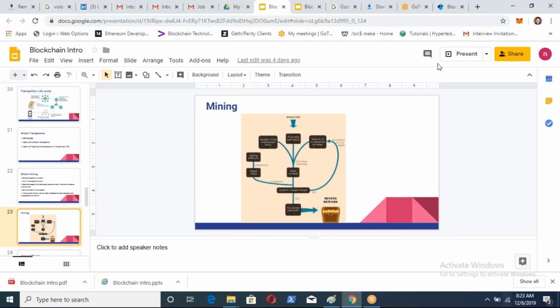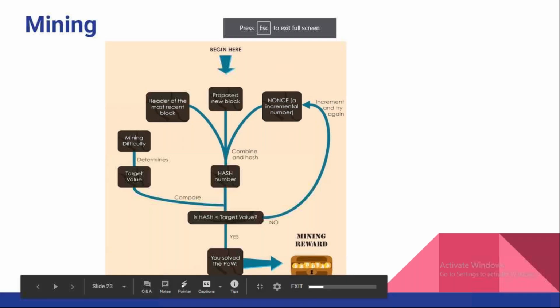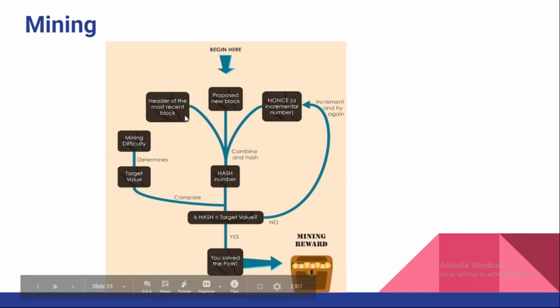Now in mining, it takes the header of the most recent block, proposes a new block, and a nonce, which is a number that is incremented every time. Using these three, it forms one hash number and checks whether it is less than a target value or not.